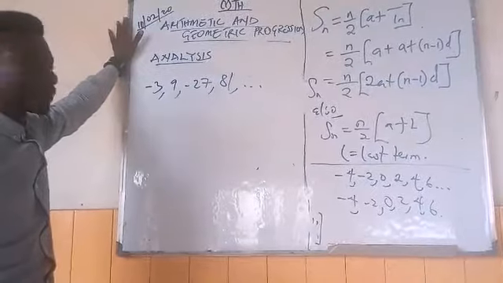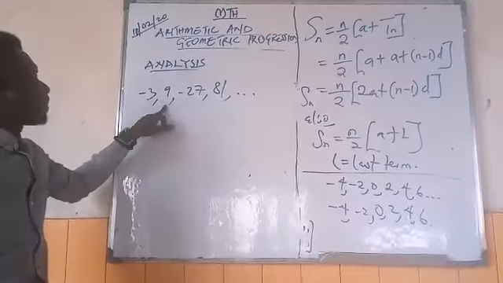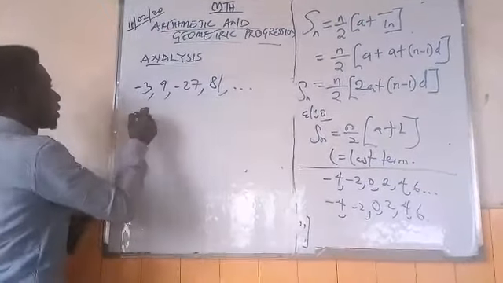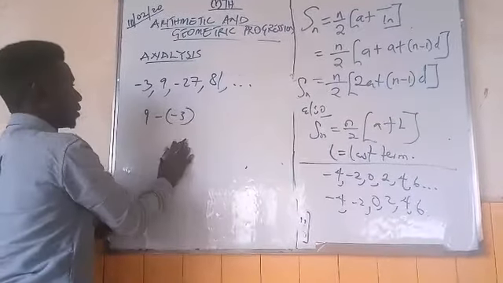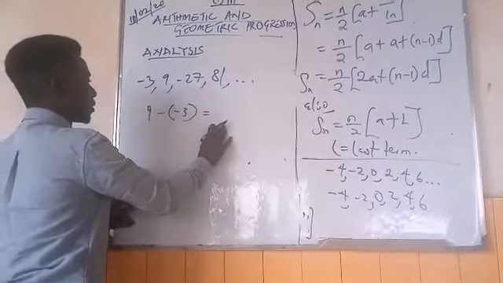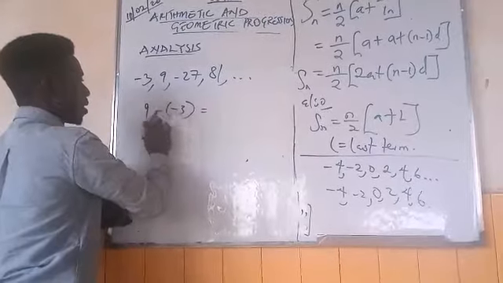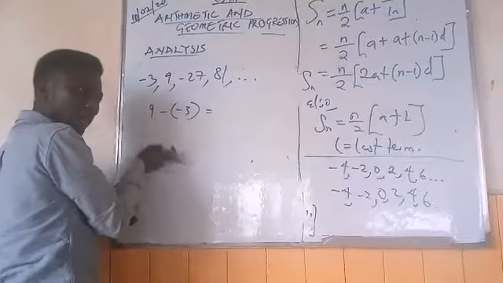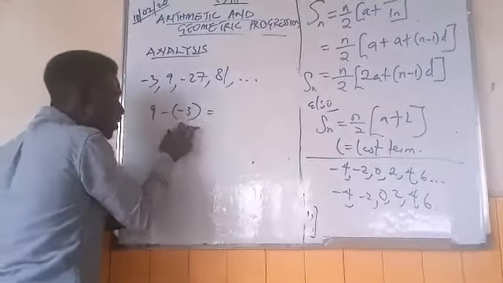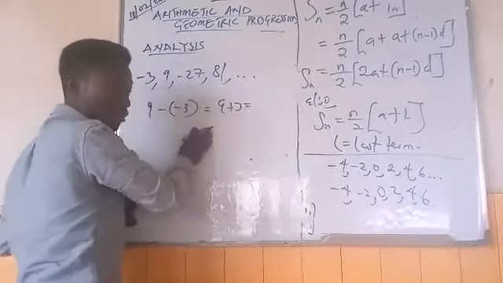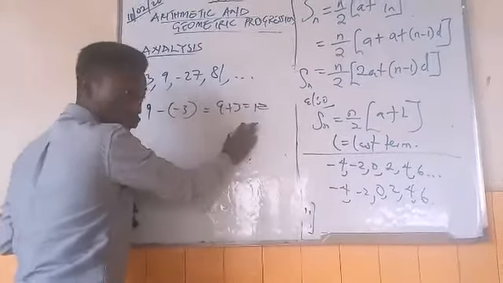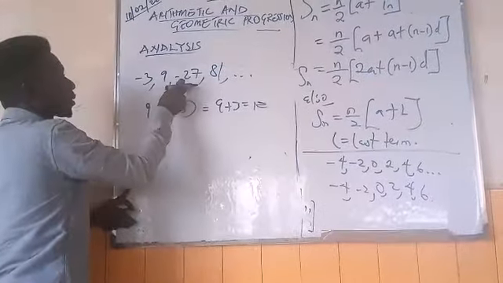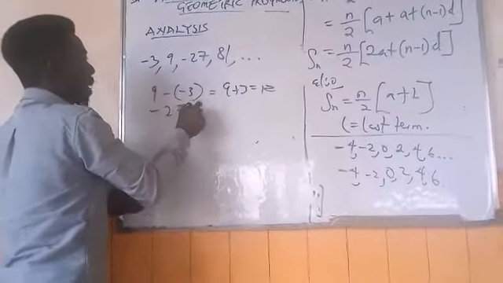I will show you. If you say 9 minus 3, look at this. 9 minus 3, what's that? 9 plus 3, which is 12. Now, minus 27 minus 9.